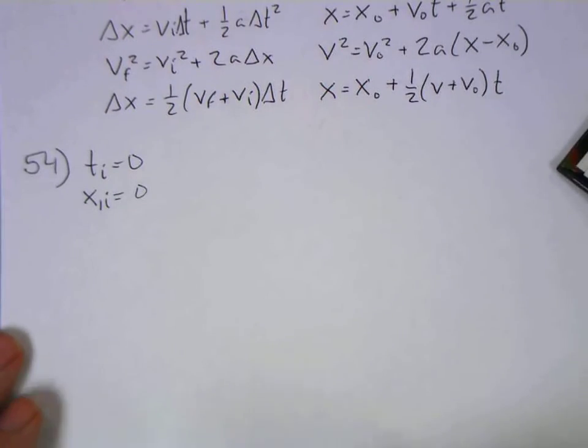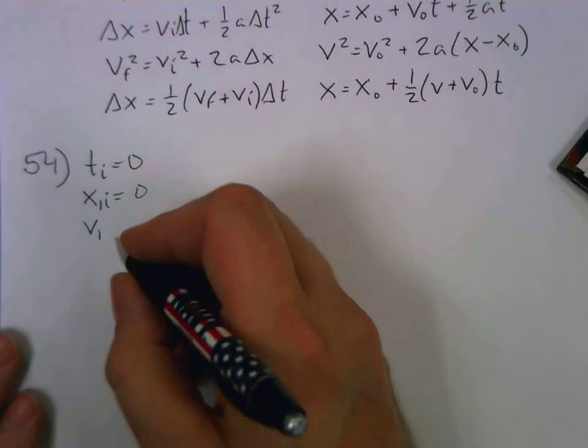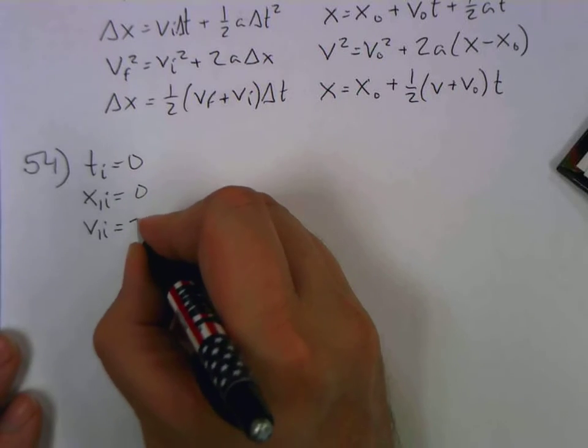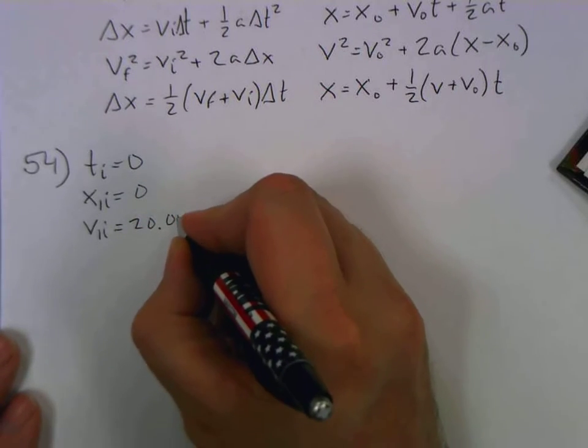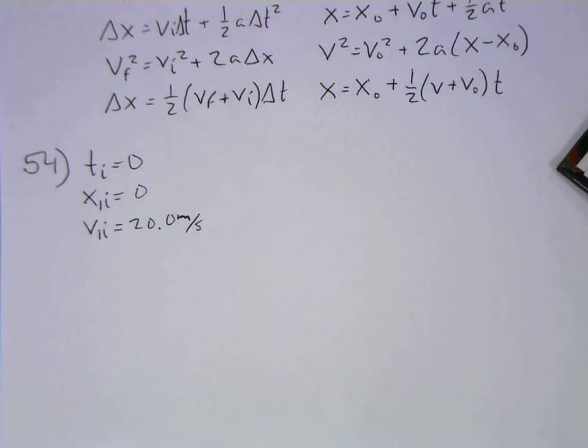Okay, they also in that sentence gave us what? Yeah, they gave us a velocity. And they're only talking about car 1, and that was its initial velocity. So v1 initial was equal to 20.0 meters per second on this one.